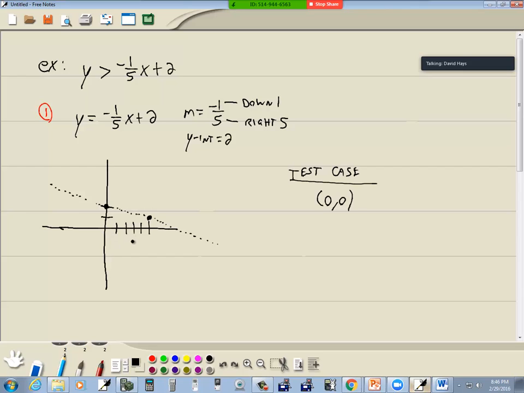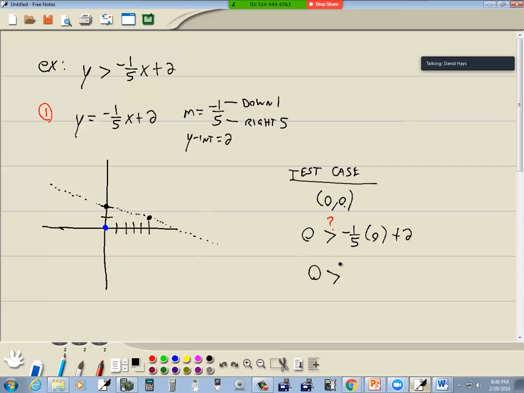So that's going to be our test case. And we're going to plug that into our original inequality, where this is x and this is y. So I got 0 is greater than negative 1/5 times 0 plus 2. And this is a question mark at this point. We're wondering if that's true.